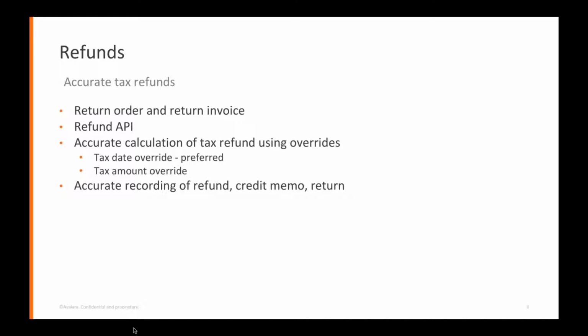You can indicate on the return invoice, here is the return invoice, and here is the amount of tax I'm giving you to show as the refunded amount. The AvaTax service will pick that up, capture it, and report it. Keep in mind, though, the onus is now on your organization because you're identifying the tax amount as opposed to having the AvaTax service calculate the amount for you.